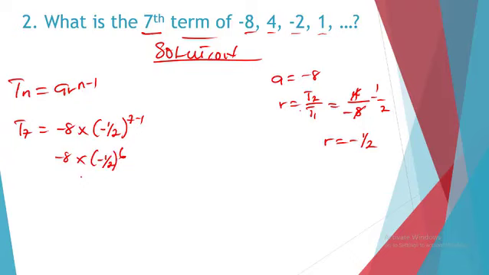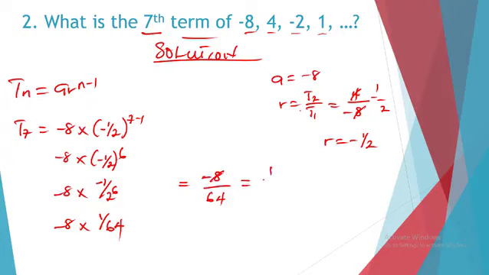Okay, so we have minus 8 times minus 1 over 2 raised to power 6, which will give us 1 over 2 raised to power 6, and that will give us minus 8 times 1 over 64, and this is equal to minus 8 over 64, which will then give us here is 1. 64 divided by 8 will give us 8, so the answer is 1 over 8.